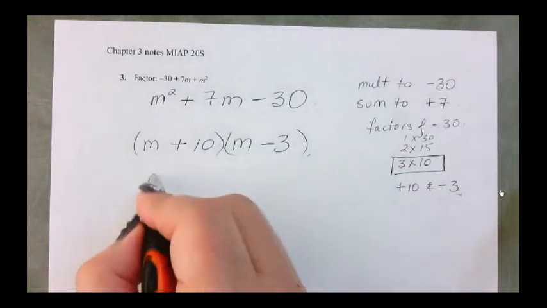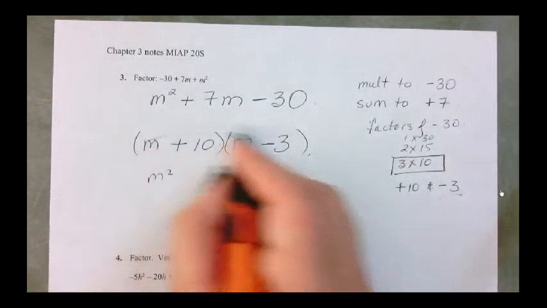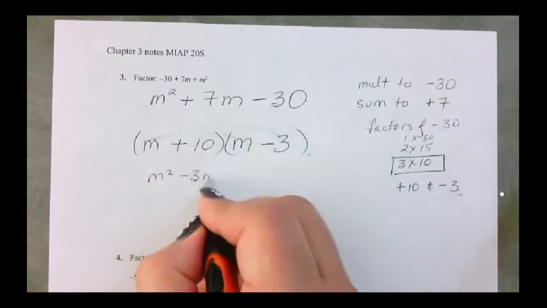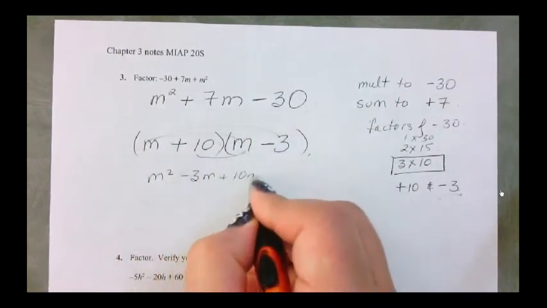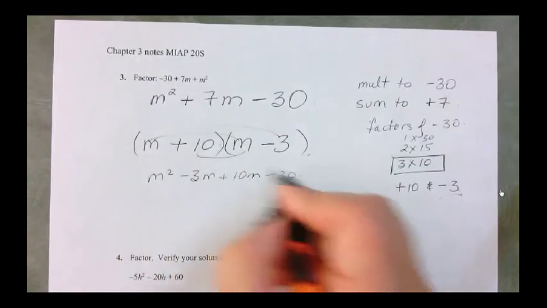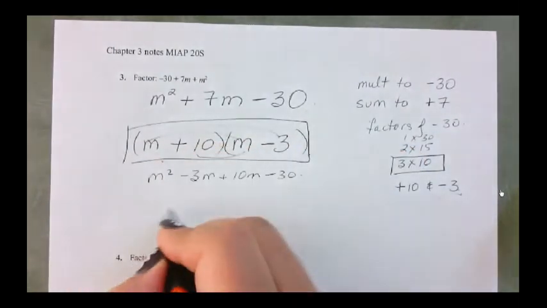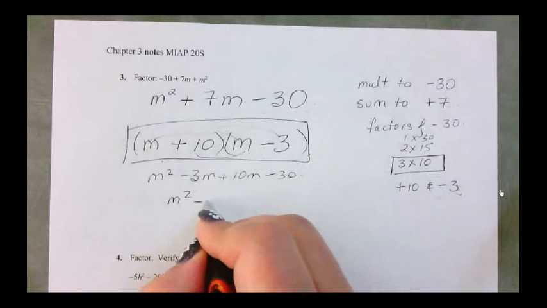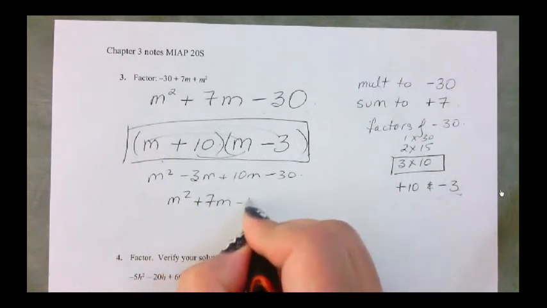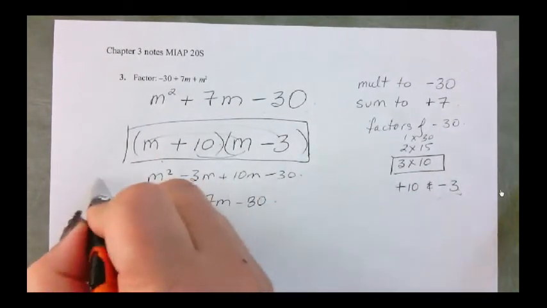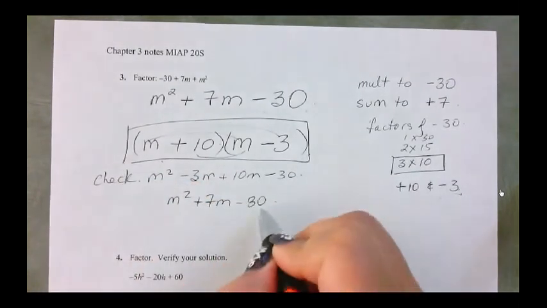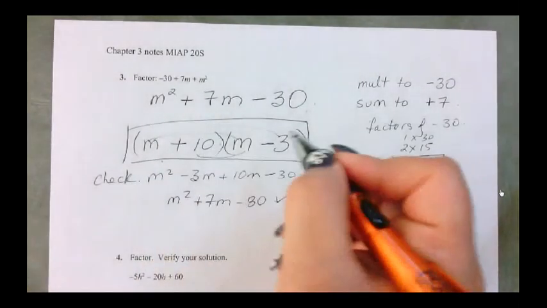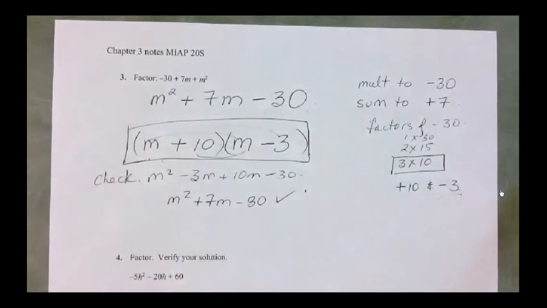So this is going to be our M squared, and then minus 3M plus 10M, and then minus 30. Okay, so M squared plus 7M minus 30. So this is our check over here. So we're right. This right here in the box, this is what our final answer is.